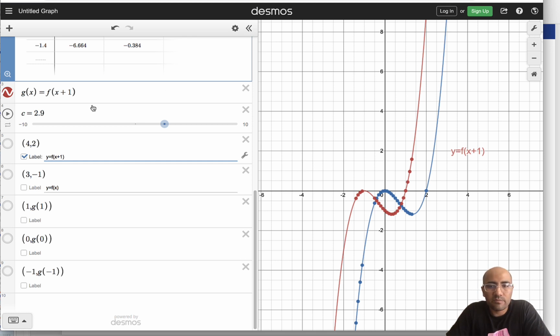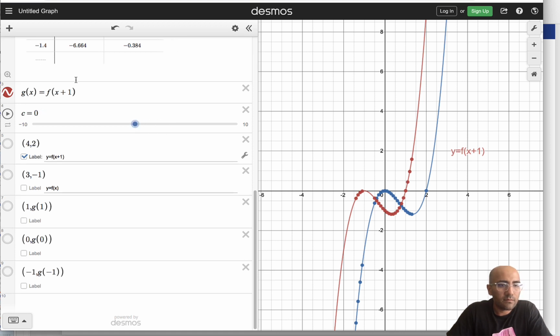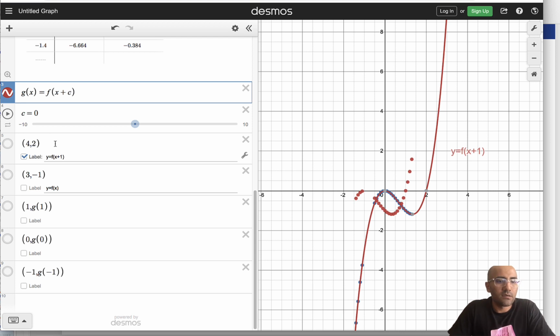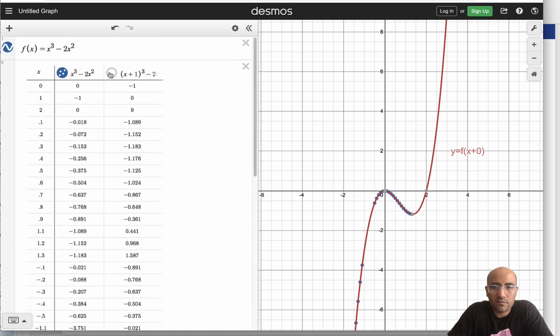Good. And again, there's nothing special about 1, so we can make it a constant. So let's go back to make this a 0. Make this a c. And then let's label this guy as plus c. There we go. Okay, so when we add 0, we get to the original function. And let's get rid of those guys.